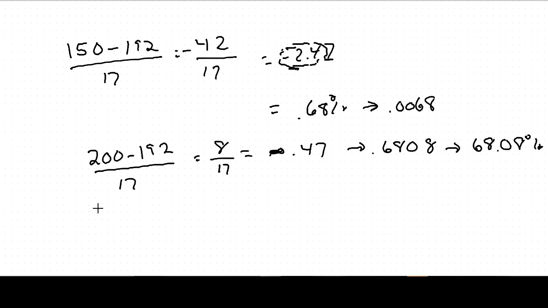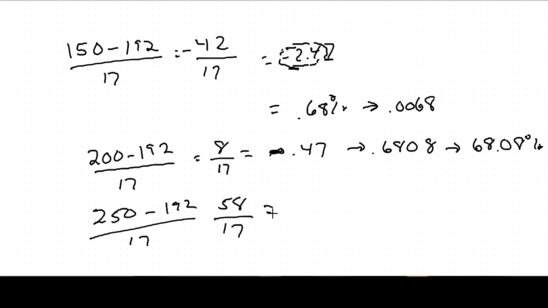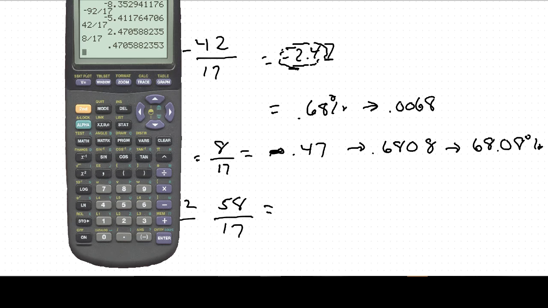And the last one. 250 minus 192, everything divided by 17, which would be 58 divided by 17. And calculator, 58 divided by 17.